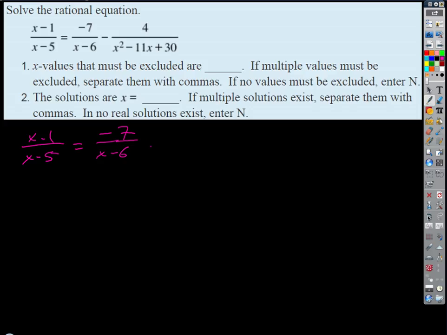What does this bottom quadratic expression factor into? Good. X minus 5 times x minus 6. So you agree that the LCD is just x minus 5 times x minus 6, right?